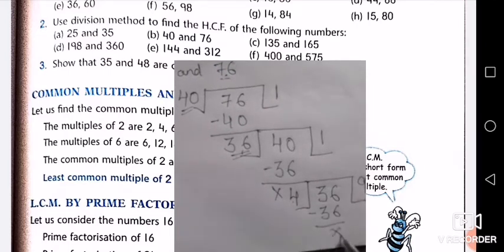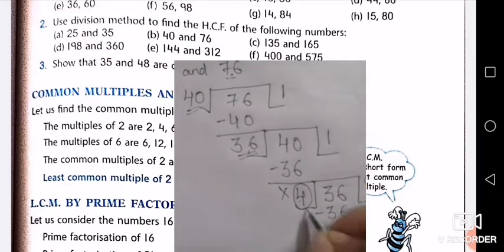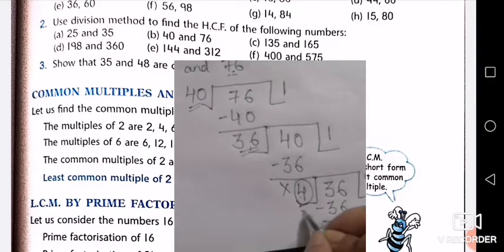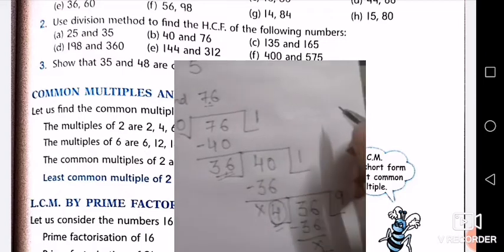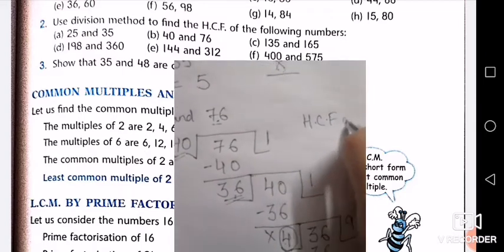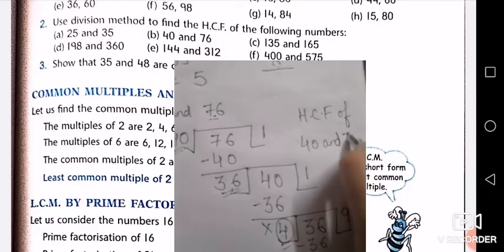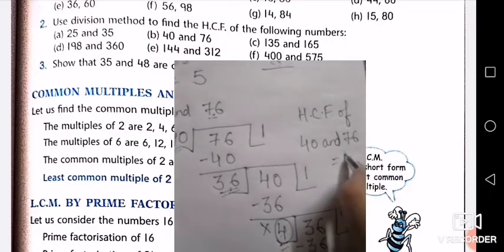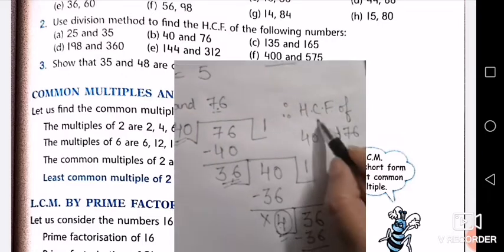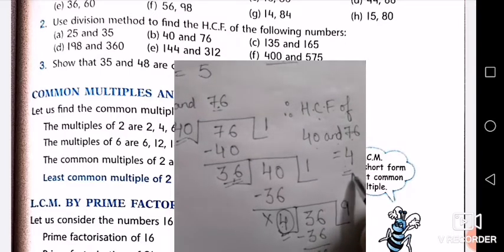You have got 0 as a remainder, and the divisor which gives you 0 as a remainder will become your HCF of the given two numbers. So here in this question, the HCF of 40 and 76 will be 4.